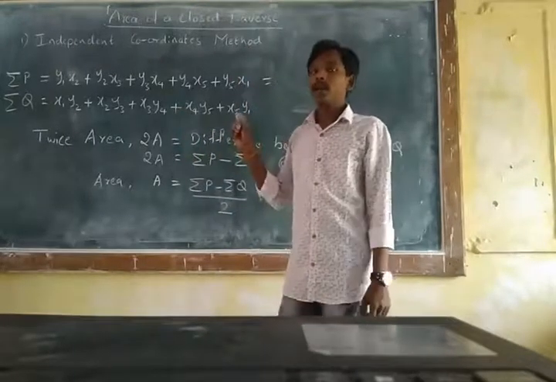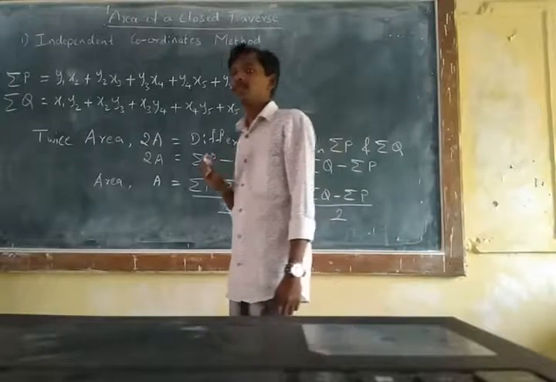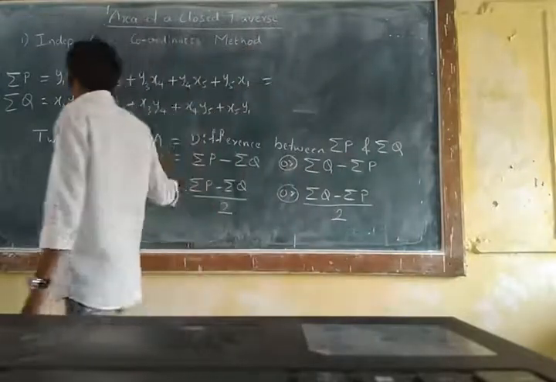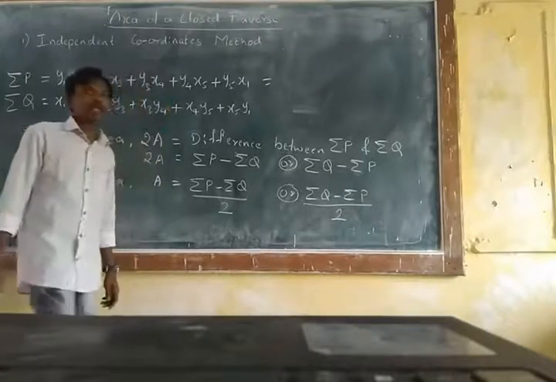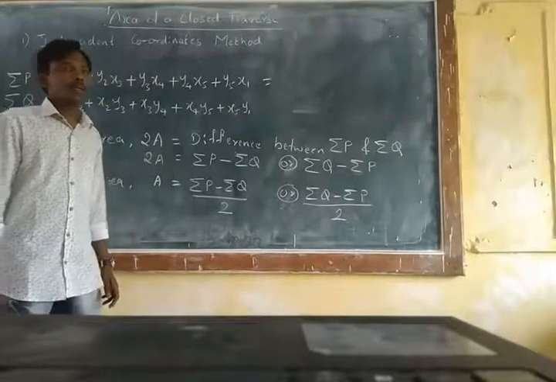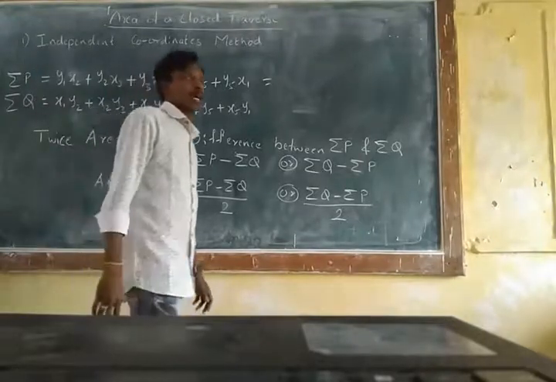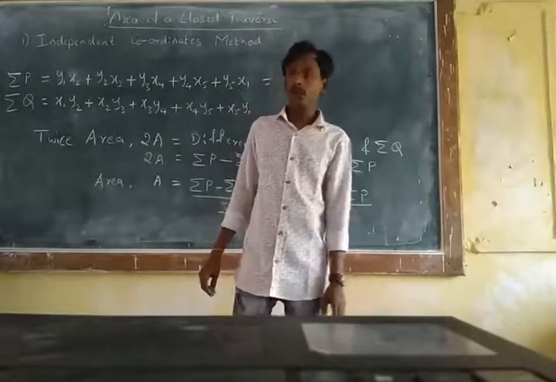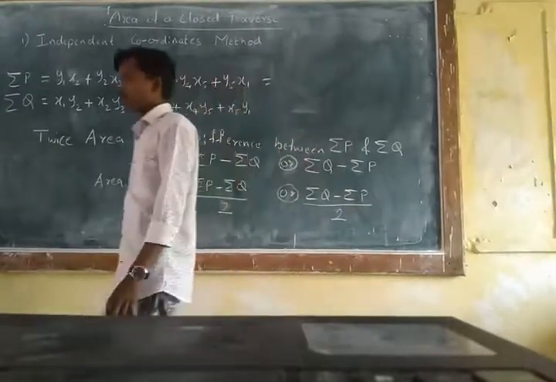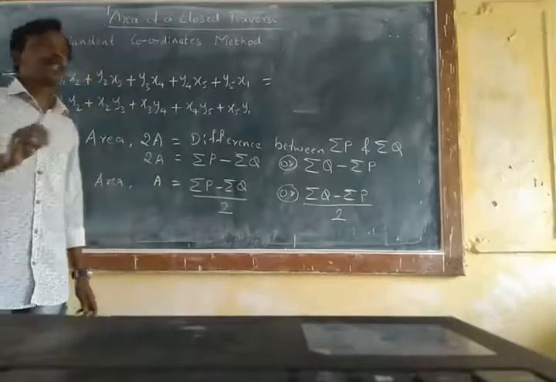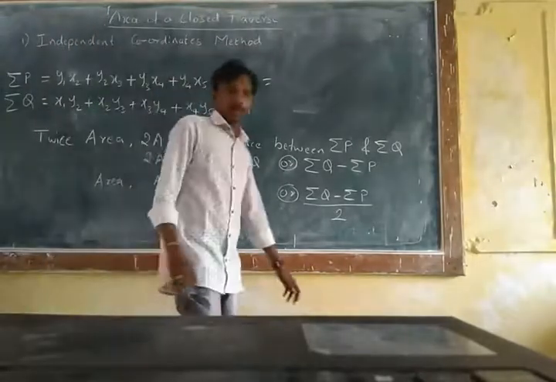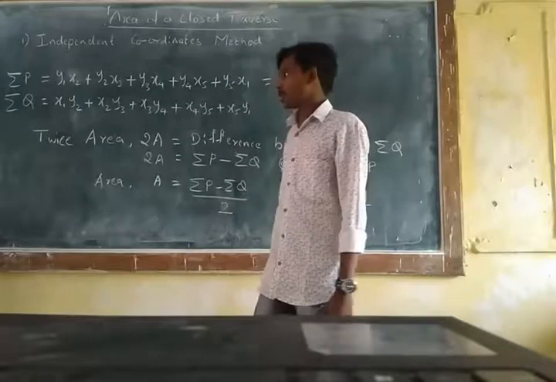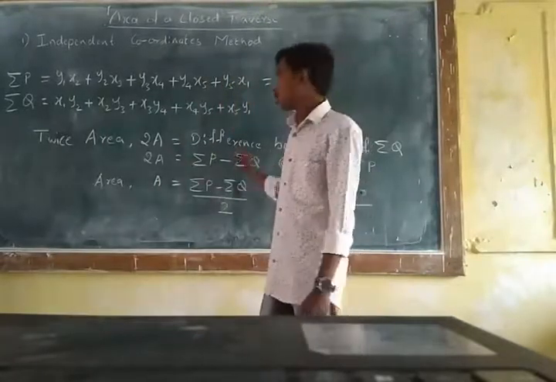These are the independent coordinates. You have to calculate that before arriving at this formula. To calculate that, we need to apply arbitrary coordinates to the latitudes and departures to make every latitude and departure positive. So now let's learn a problem on this.